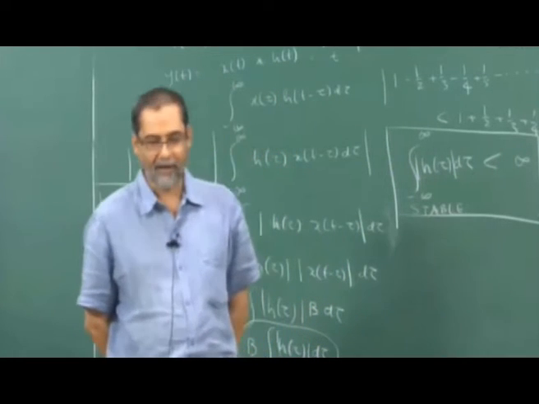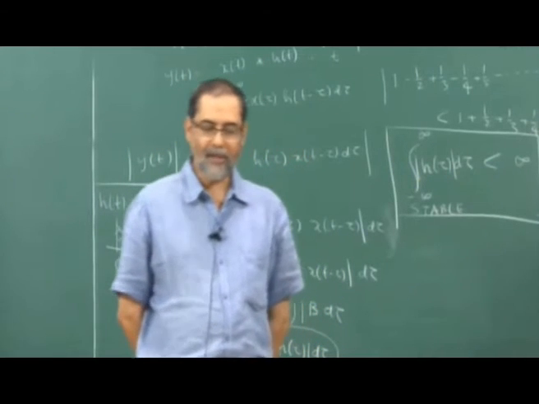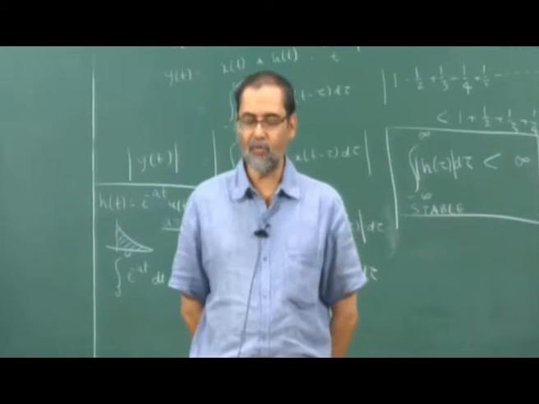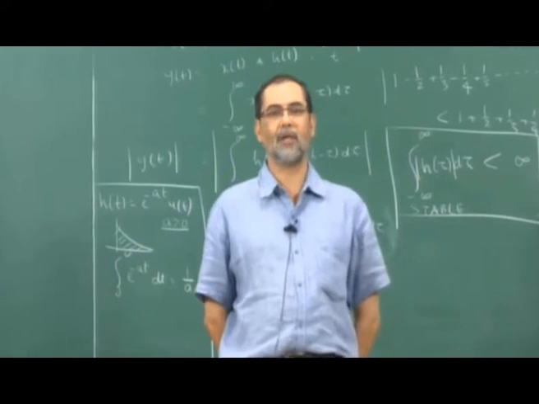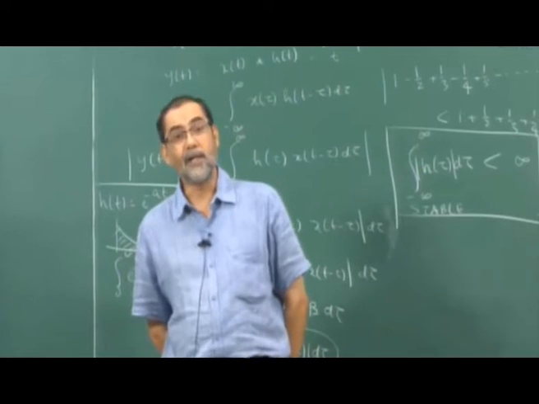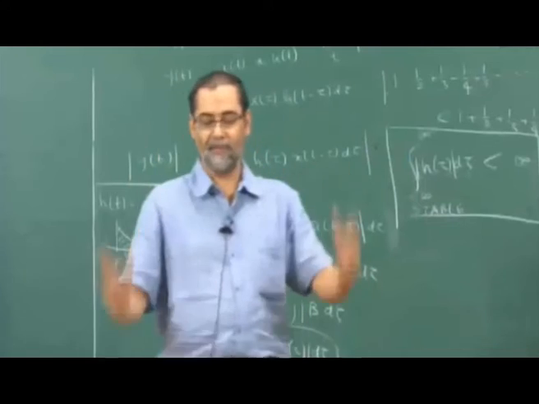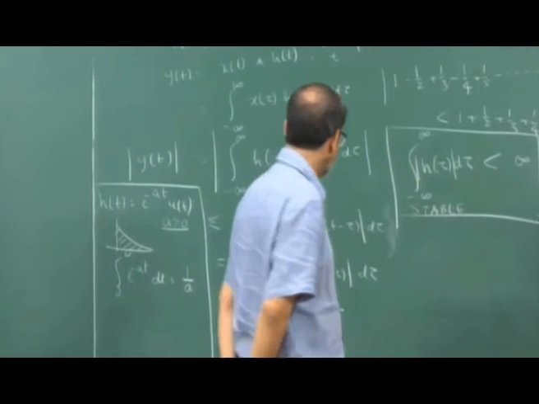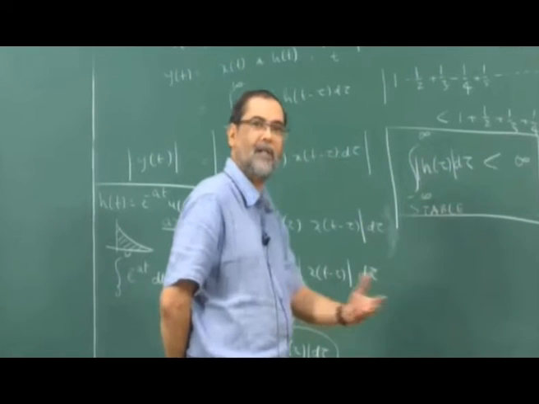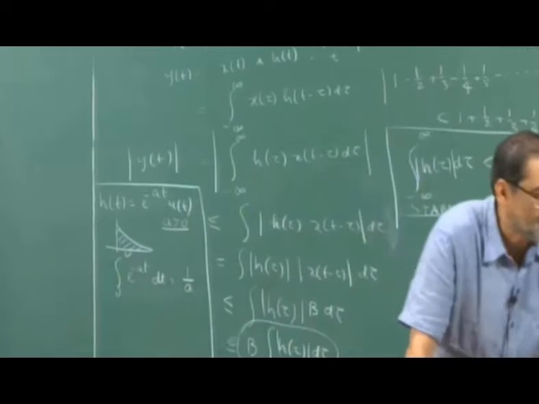I want each one of you in this course to at least mathematically prove and convince yourself that 1 plus 1 plus 1 up to infinity does not converge. It's an exploding sequence. I wanted to show that. And for the same reason, the integration of u of t also is not a converging series.